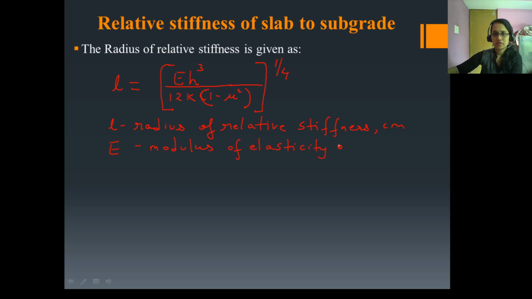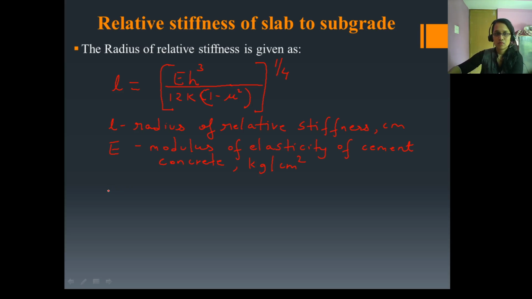Next, nu is the Poisson's ratio for concrete, which is taken as 0.15.